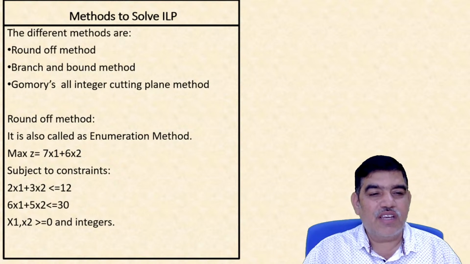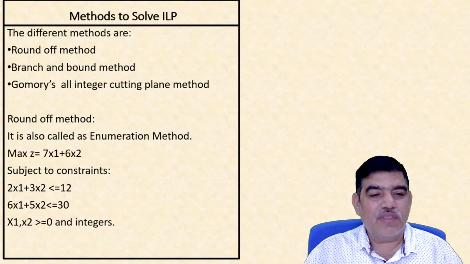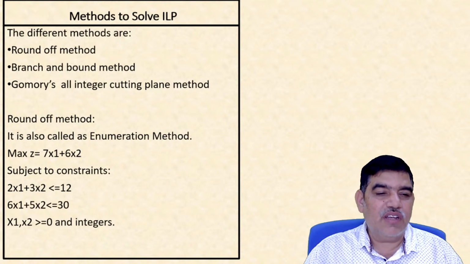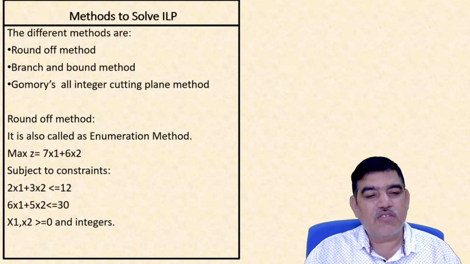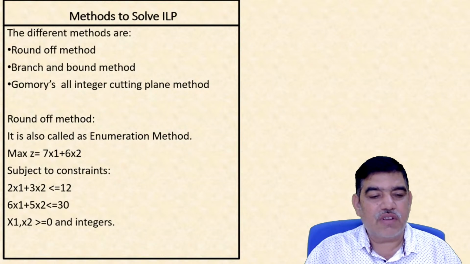So in this example, there is one objective function consisting of two decision variables x1 and x2, and the subject to constraint equations are 2x1 plus 3x2 less than equal to 12, 6x1 plus 5x2 less than equal to 30, and x1, x2 greater than equal to 0 and integer.